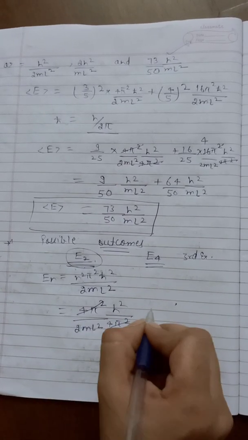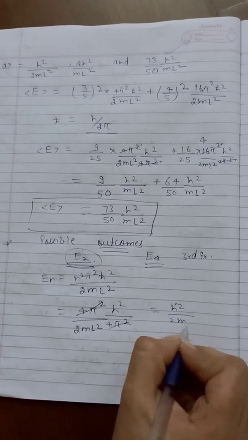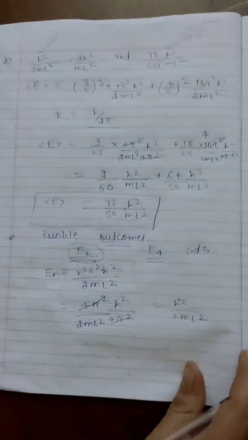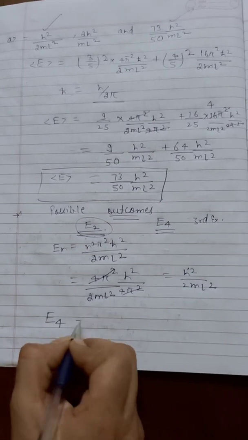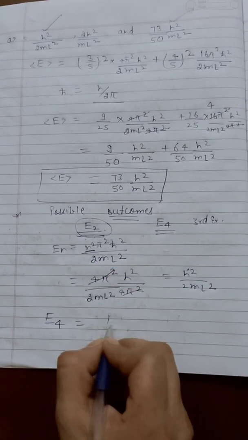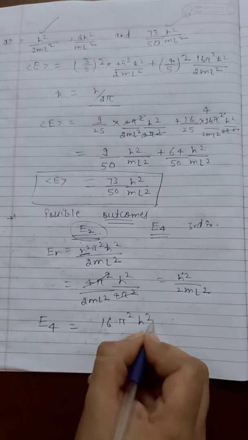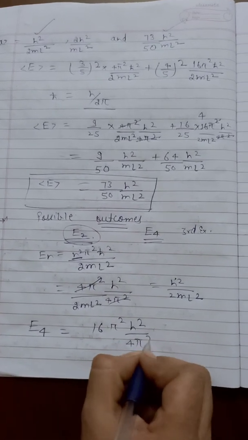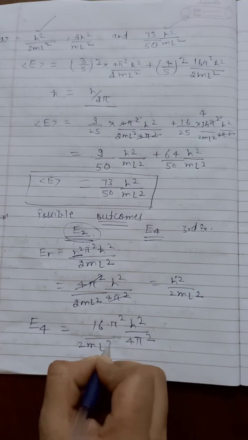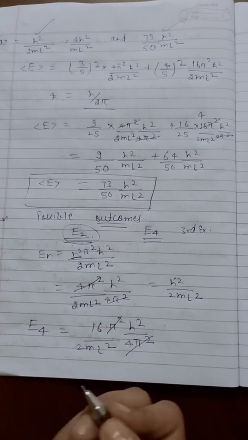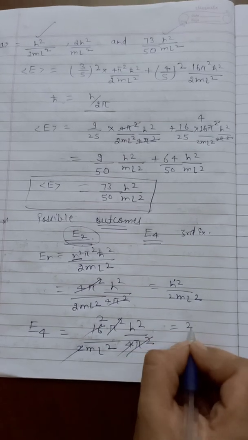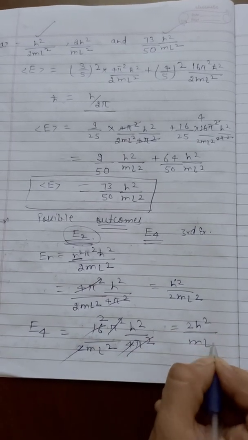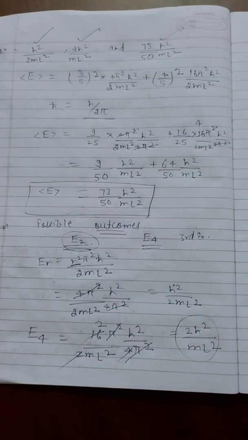Pi square cancels, 4 twos are 8, 8 twos are 16, so it is equal to 2h square over m L square, means this.